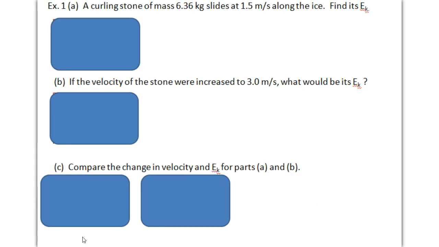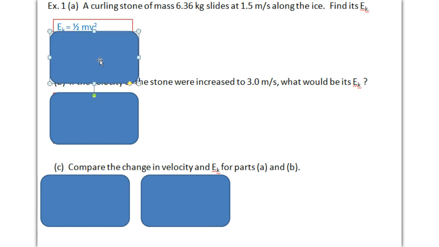Now with example 1, you're told a curling stone with a mass of 6.36 kilograms slides across the ice at 1.5 meters per second, and find its kinetic energy. Formula half mv squared, and we do know the mass and the velocity.